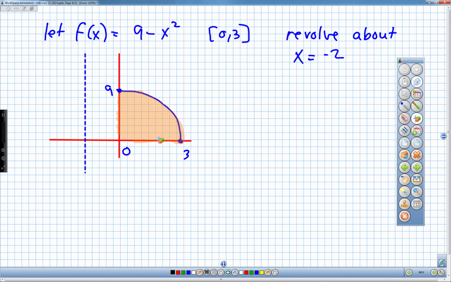We're going to be rotating it horizontally rather than vertically.